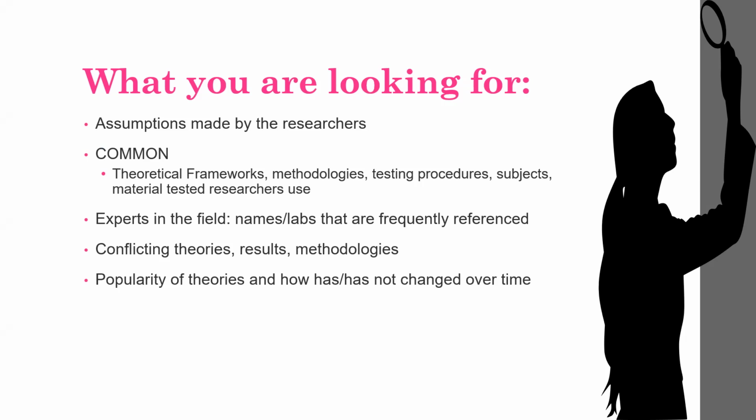I like making a table out of this, and that's something you might want to consider. That way, you can see, oh wow, the majority of research I covered on this topic was qualitative, or the majority of research being done here is quantitative. So those tables help you make those decisions.